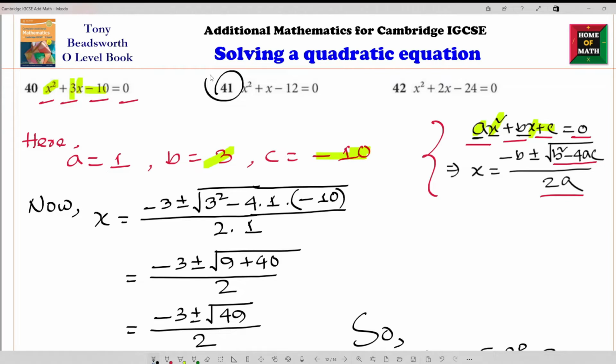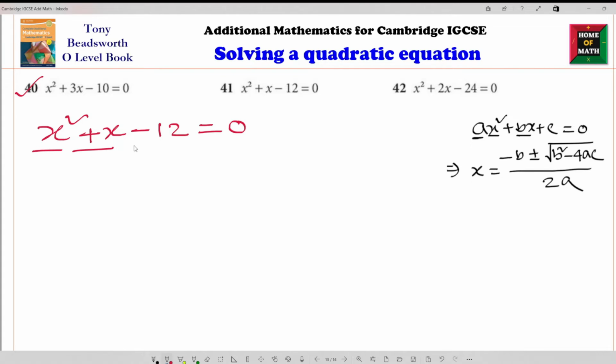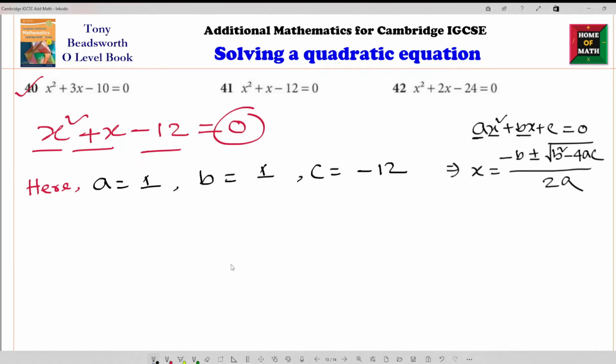Now number 41, it means the second question of this video. The question is x squared plus x minus 12 equals 0. We will implement it here. So here, similarly, a equals just 1, b equals also 1 and c equals minus 12. So x equals minus b, it means 1, plus or minus root b squared means 1 squared, minus 4a means 1, c means what?